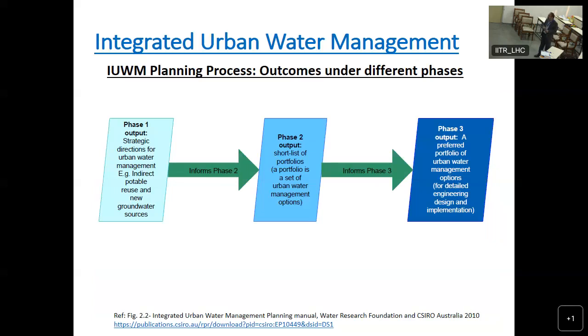Output: short list of portfolios. Portfolios means the options for providing services at the household scale, a set of urban water management options. Options are whether we are going to use rainwater, grey water, stormwater, recycled water, a dual water supply system, and how much we are going to use potable supply.